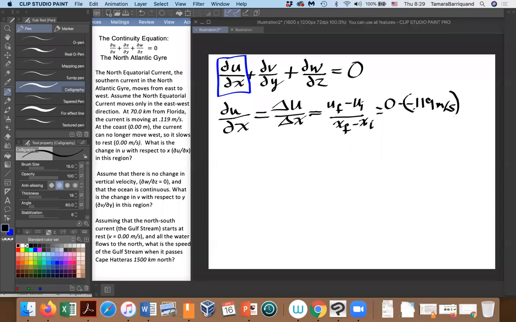On the bottom of my fraction, I have x final, which is when it hits the coast, so that's 0 meters. Our x initial was when it was out near Florida at 70 kilometers. I'm going to put that in terms of meters because our velocity is in meters per second.